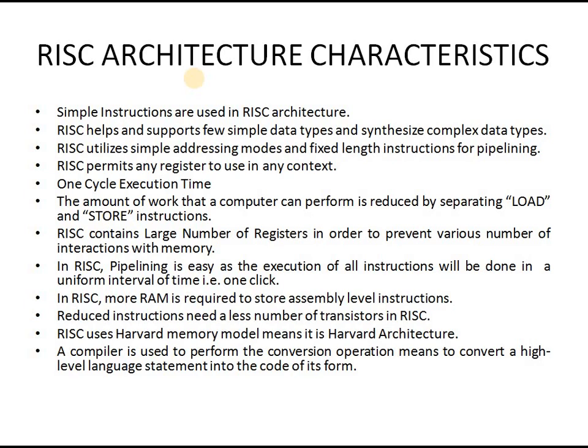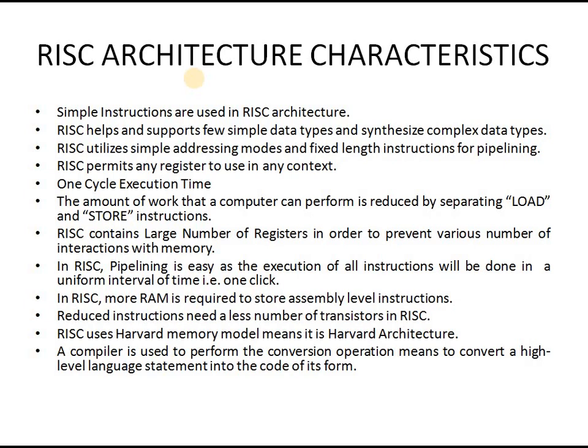RISC contains a large number of registers in order to prevent various interactions with memory. In RISC, pipelining is easy as the execution of all instructions will be done in a uniform interval of time, like one clock. In RISC, more RAM is required to store assembly level instructions.